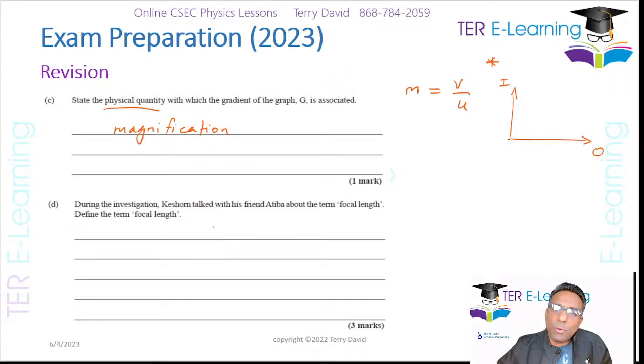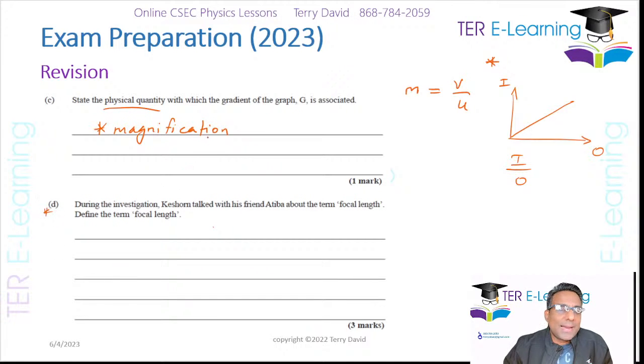Now, when you're working out the gradient of a straight line, you're taking y and dividing it by x. So that's I over O, which is really your image distance over object distance. So what we just worked out there was the actual magnification. That's what it is, right? So that's part C for 1 mark, right?